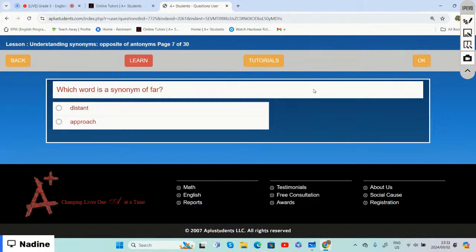The word that's the same as far. So the word that's the same as very far. Is it distant or is it approach?